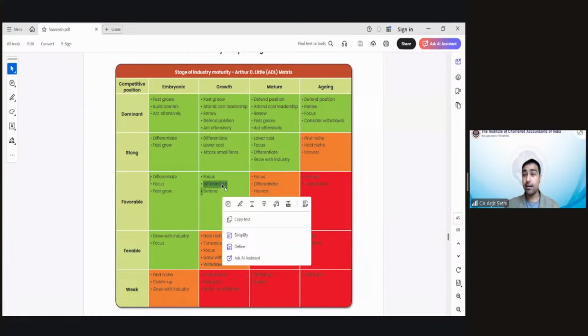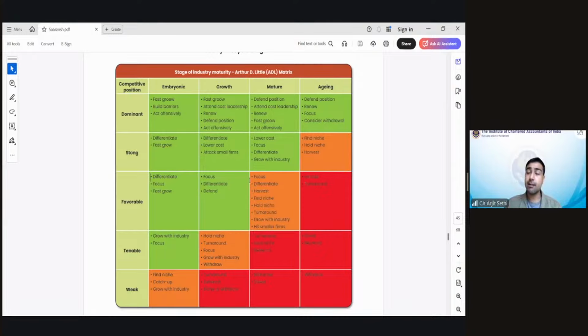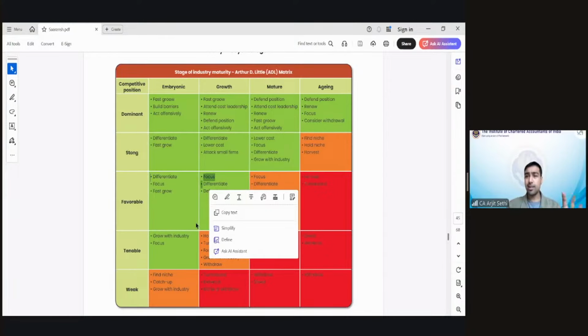I have to differentiate myself from that cafe, so if a customer comes, I say unlimited chutney, you can take chutney as many times as you want. I'm differentiating myself now to protect my business. Or I can just focus on my business and say nothing doing, I am doing whatever I want to do. I am in a favorable position, I will just focus on what I am doing.